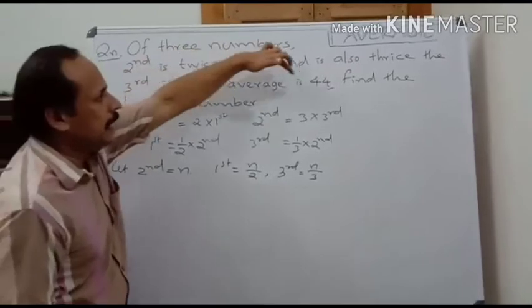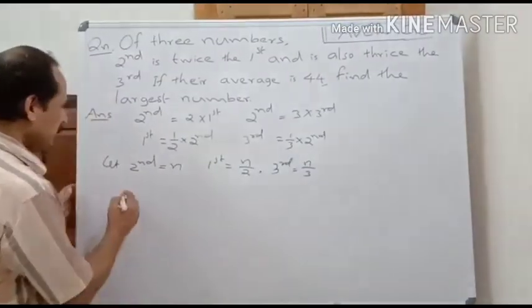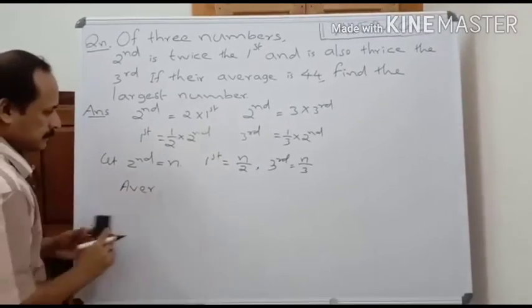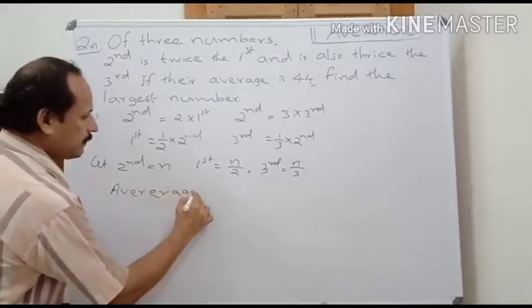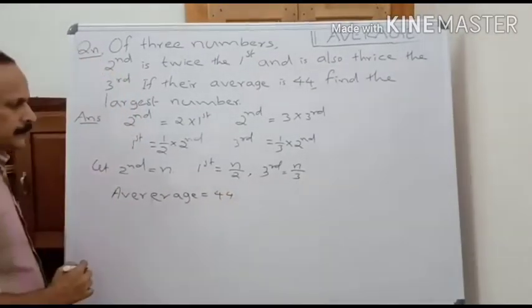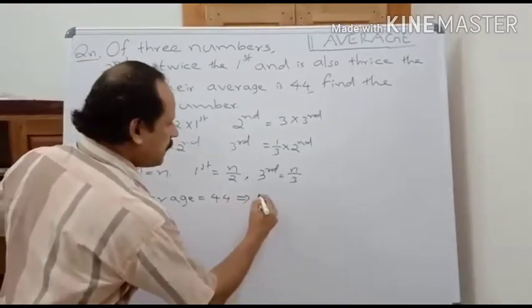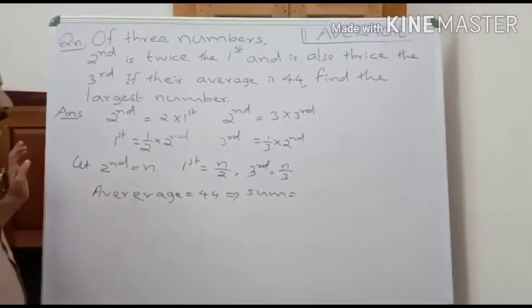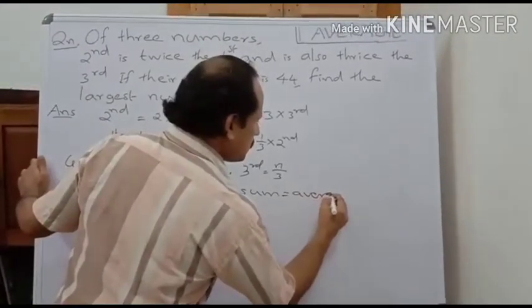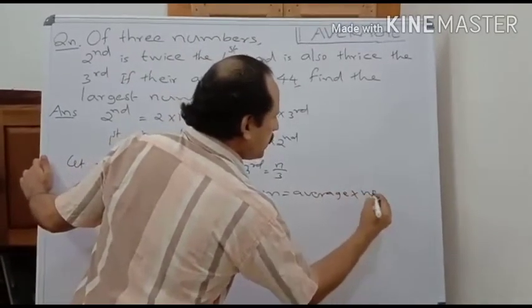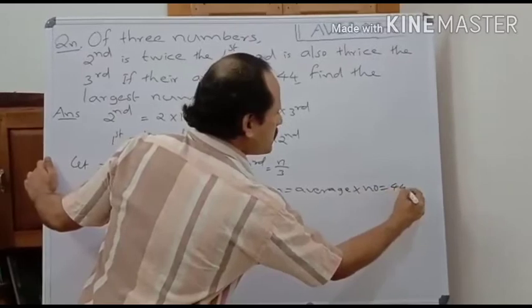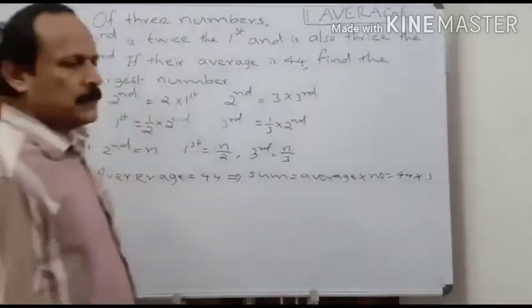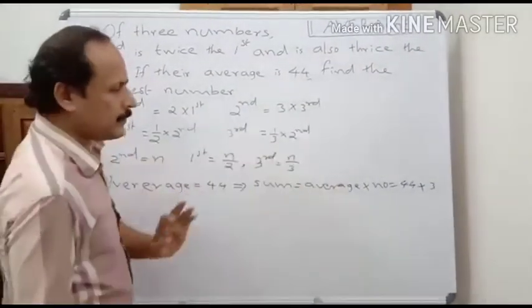Given that their average is 44, we can write their sum equals average into number, that is 44 into 3.